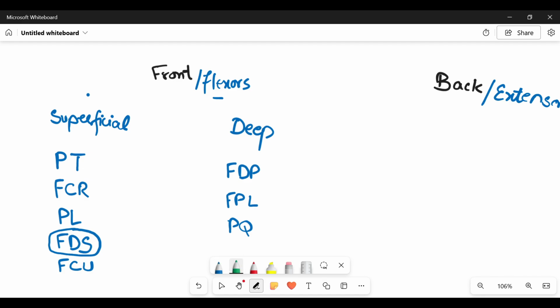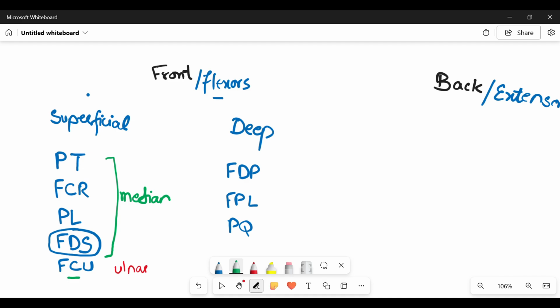Now, talking about their nerve supply, all the muscles in the superficial group among the flexors are supplied by the median nerve except flexor carpi ulnaris, which is supplied by the ulnar nerve.